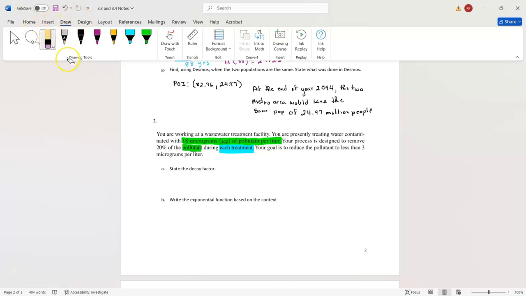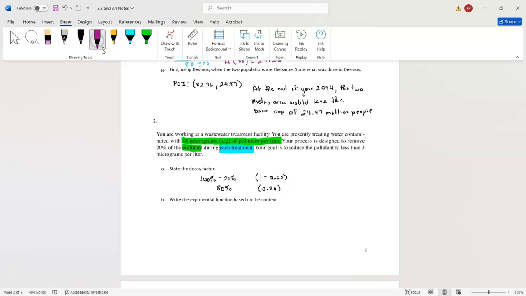So 18 micrograms of pollutants per liter is really what our output is. So we first want to look at what is our decay factor. So again, we're thinking about a discount. So it's 100% minus 20%, which gives us 80%. So our decay factor, we can write it as one of two things. We can say it's 1 minus 0.20, or we can write the simplified version of it, 0.80. Either way. So now we want to write an exponential function.